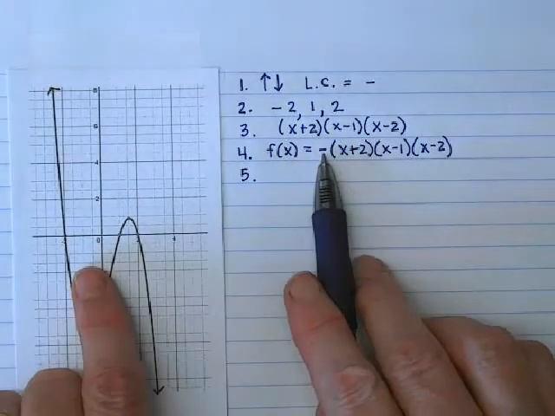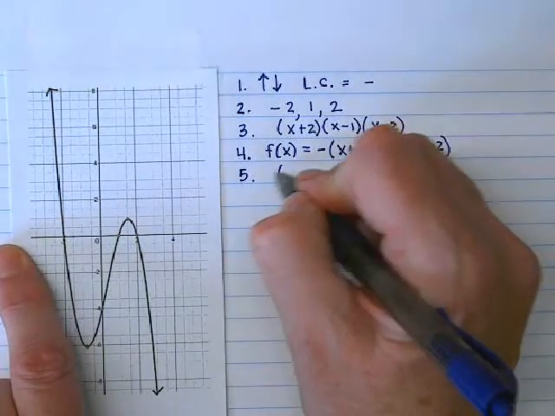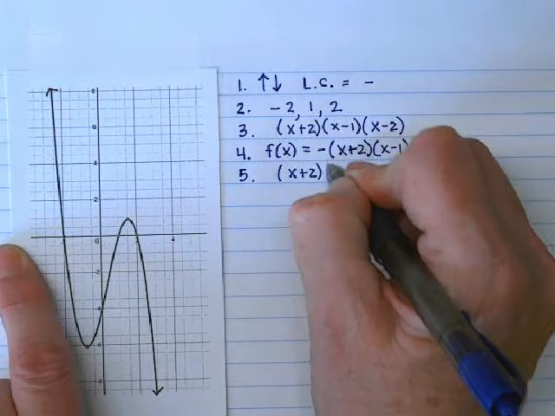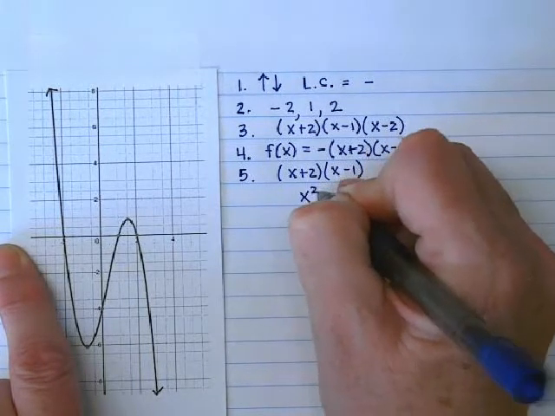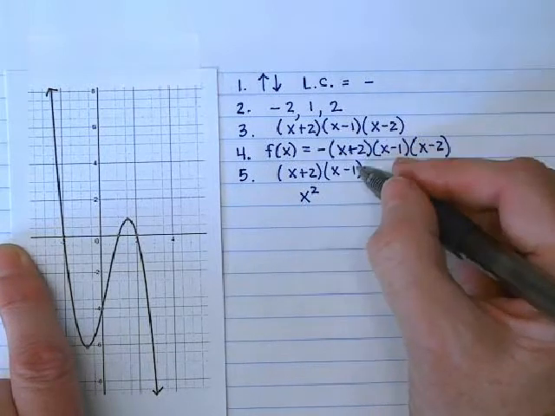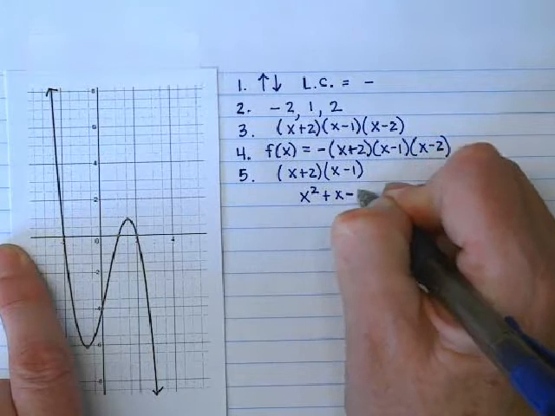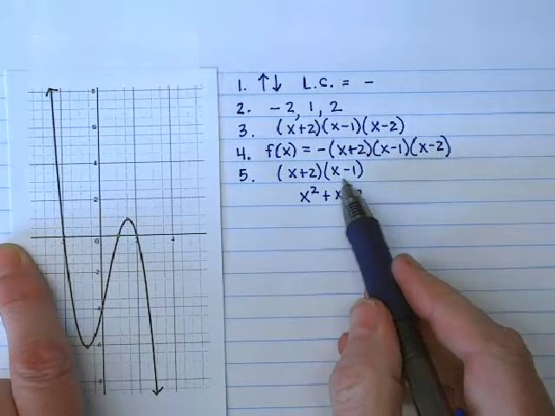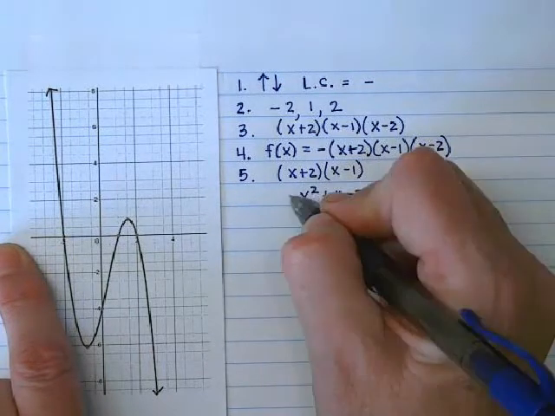I'm going to leave that negative alone. I'm going to multiply these two first: x plus 2 times x minus 1. That's going to give me x squared minus x plus 2x, so that's plus x. Now I'm going to take the product of that and multiply it by this x minus 2.